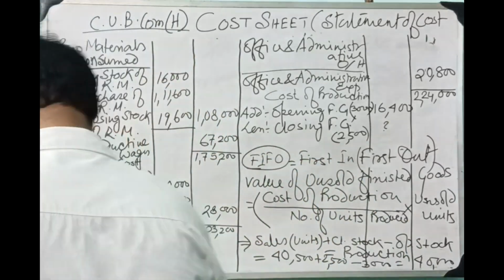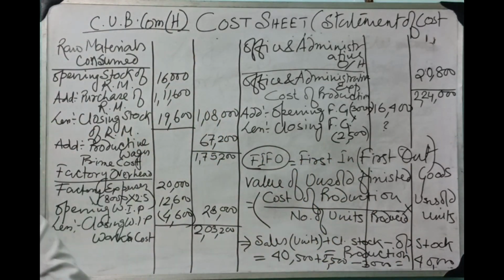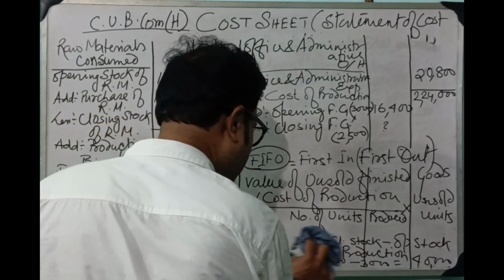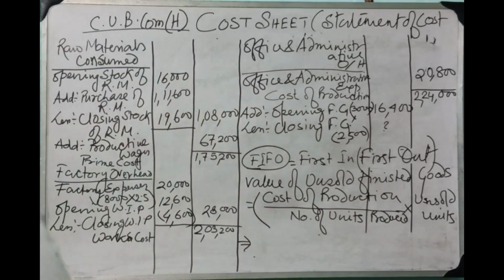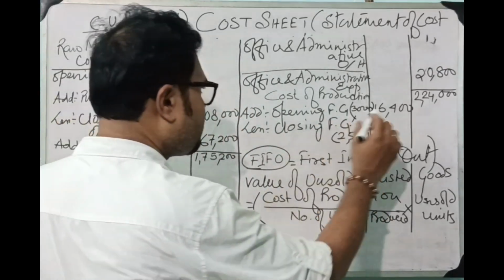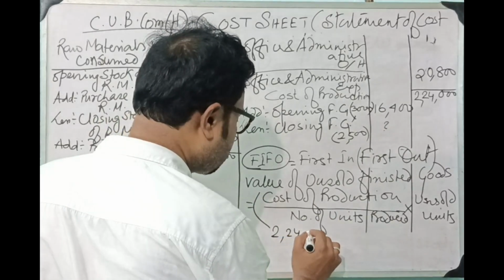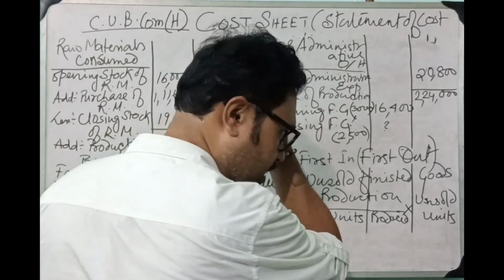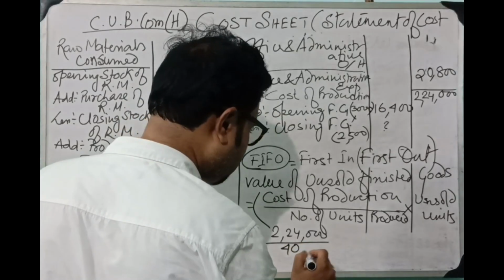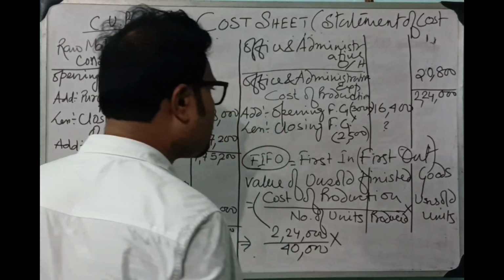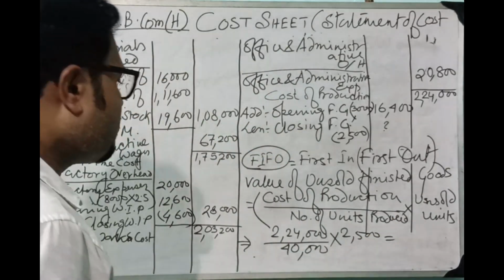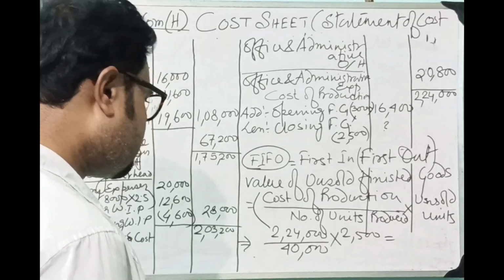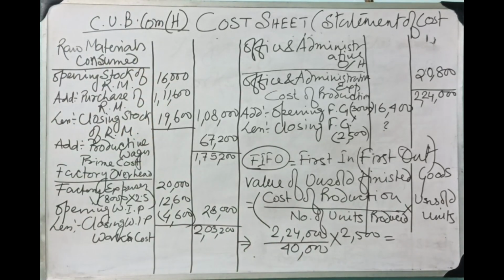Okay. Now, I am putting the values in. This is the formula. Cost of production 2,24,000 divided by number of units produced 40,000 into unsold stock, 2,500. If you calculate, you can get the value of unsold units.